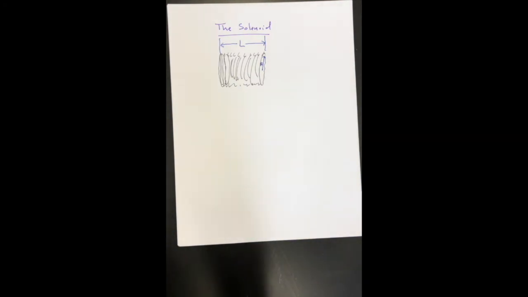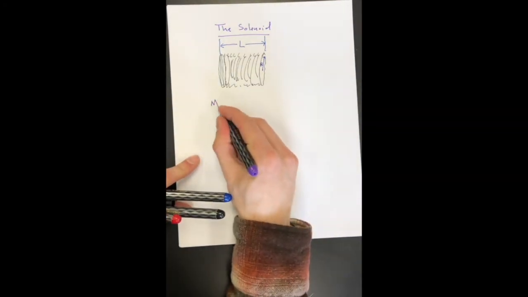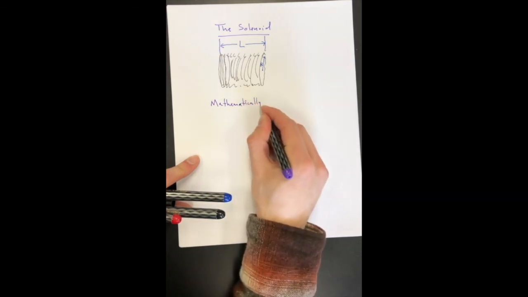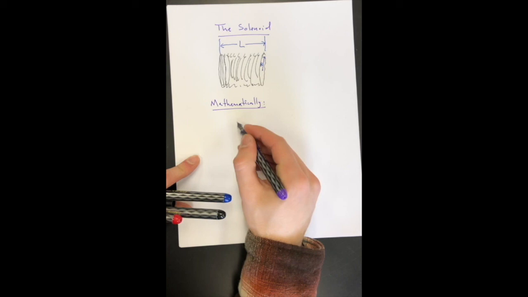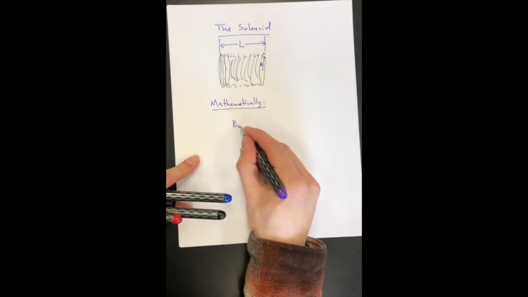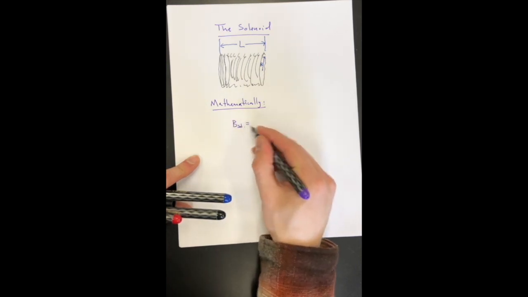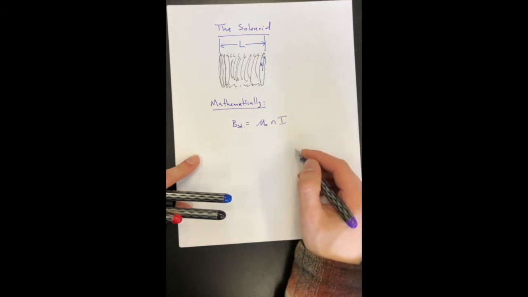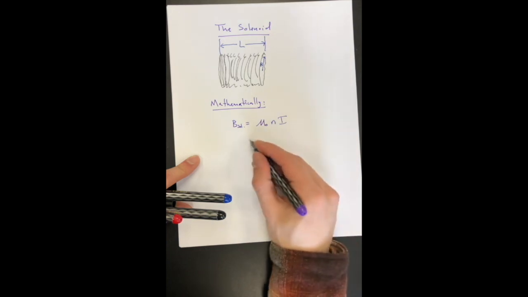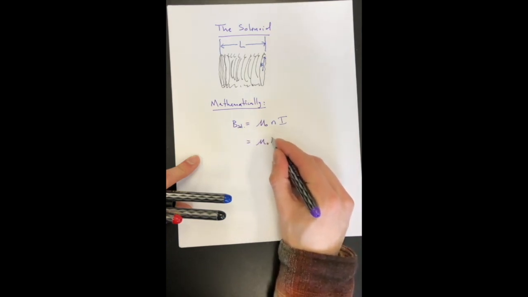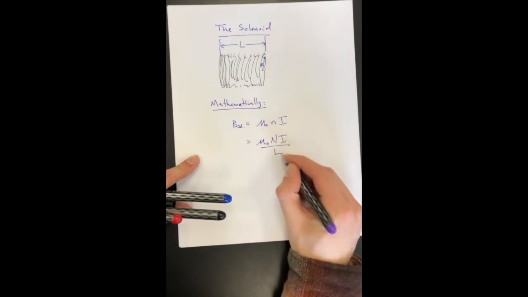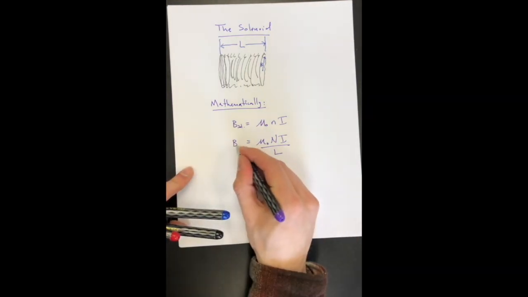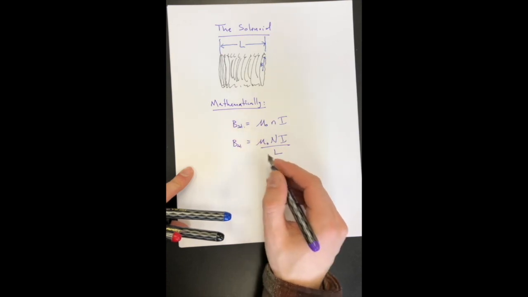So the B field, so we'll say mathematically, the B field of the solenoid is equal to mu sub O little n I, but little n is really just big N over L. So this will be the equation for any B field inside a solenoid.